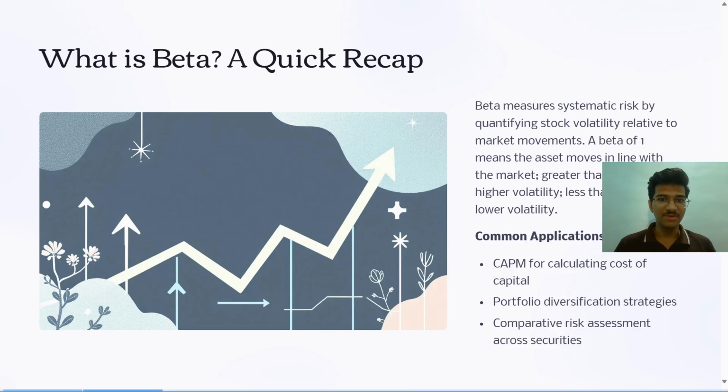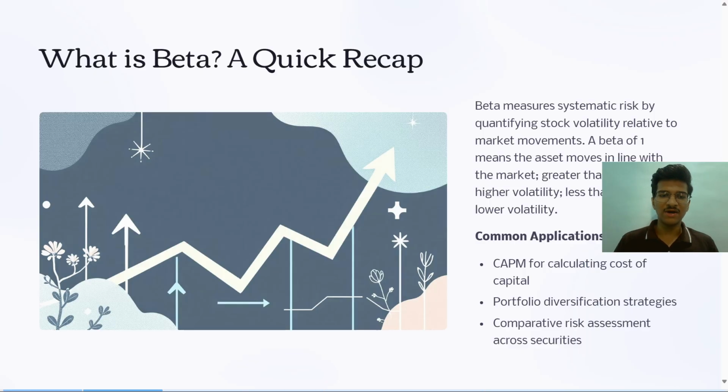So let's begin with beta first. Beta measures how sensitive a stock is relative to overall market movement. A beta greater than 1 means that the stock is more volatile than the market, while a beta below 1 shows that it is less volatile than the market. It plays a central role in the capital asset pricing model, that is CAPM, which was developed by William Sharpe, which links risk and expected returns.